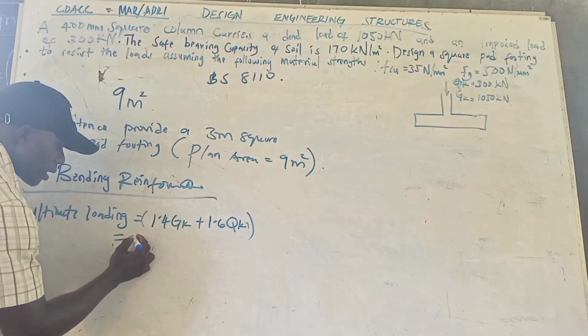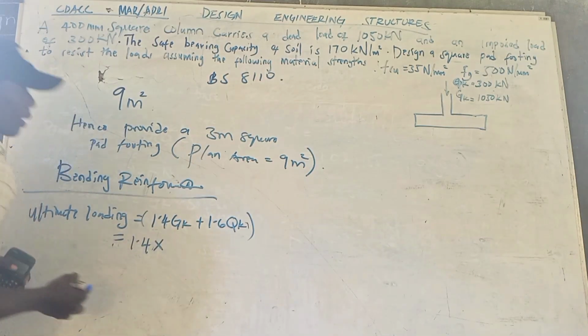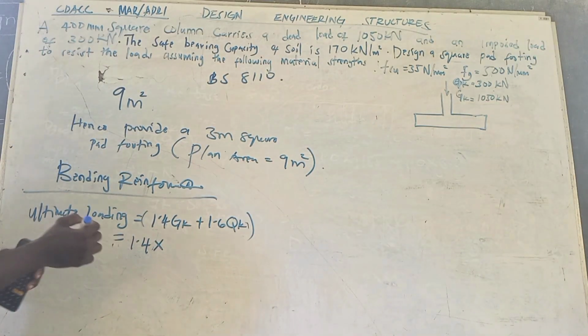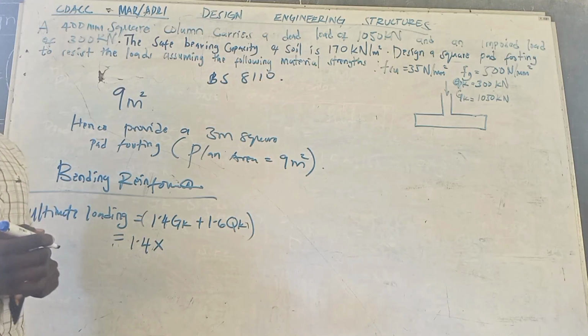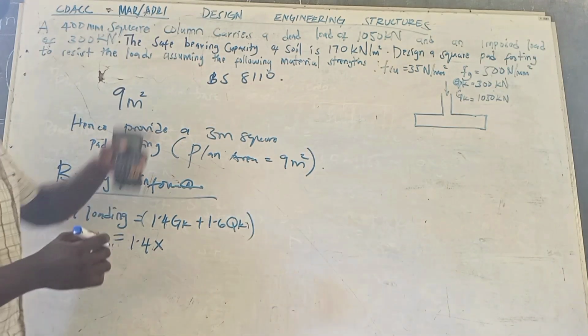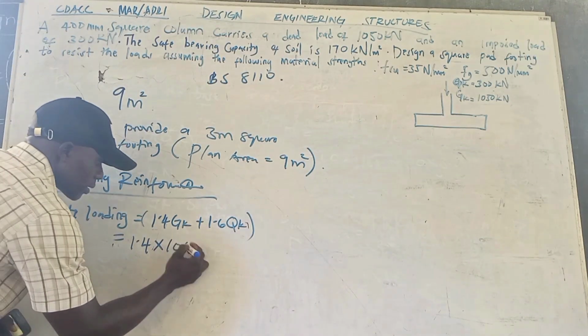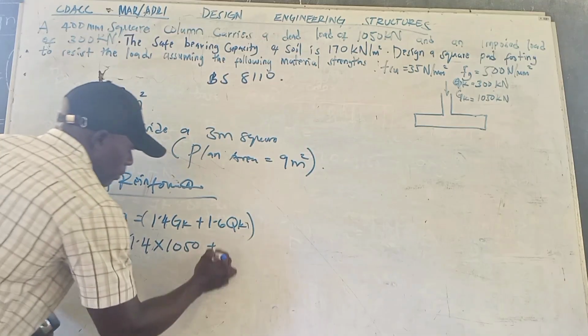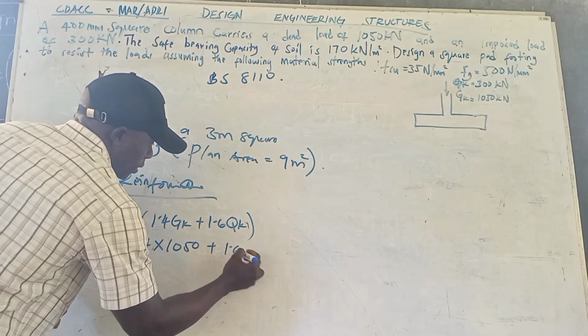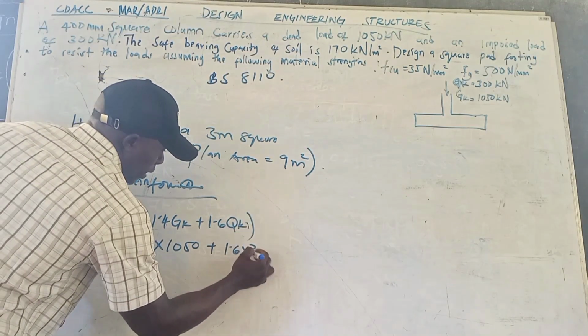So substituting there, we're going to have 1.4 by our GK, our total dead load. Our dead load there was 1050, plus 1.6 QK, 300.